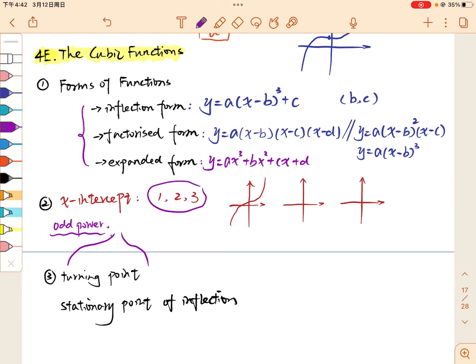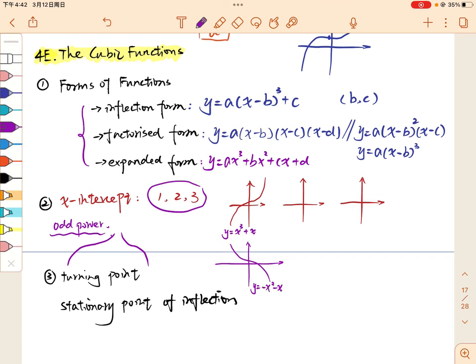So when there is 1 x-intercept, an example is y equals x to the power of 3 plus x. Okay, this is 1 intercept. And if the function is negative, then with 1 intercept it might look like this: y equals negative x cubed minus x.